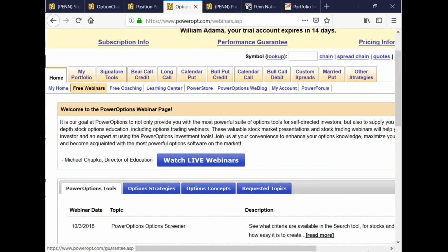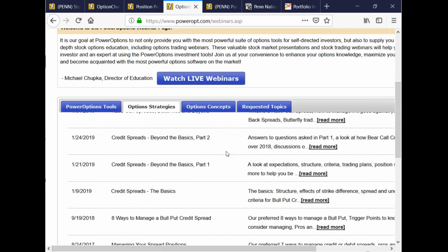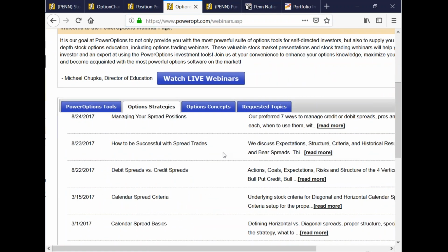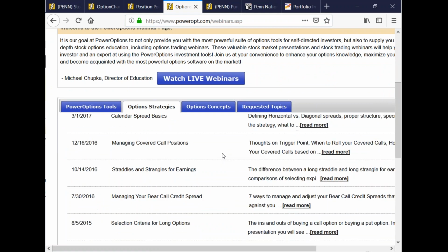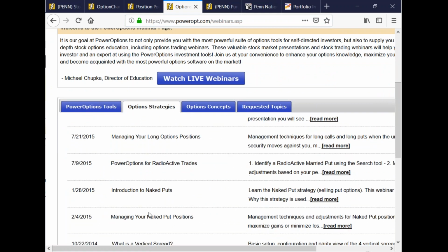One last thing on this topic before we move on. At any time, you can go to the free webinars. Remember, it's powerop.com/webinars.asp. Under Option Strategies, going down to last year, I know it's here: Introduction, Managing Your Naked Put Positions. Oh, I'm sorry, this is the one that's almost 4 years old exactly right now. We have a more recent one, it just hasn't replaced this one.